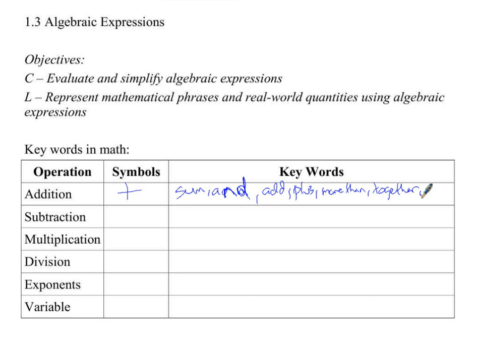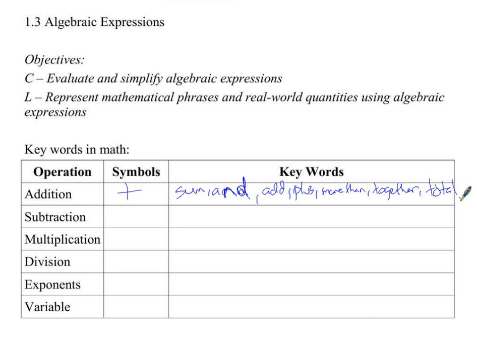There is one more. Starts with a T. If I got a huge list of stuff and I add it all up, I find a what? Total. It's an easy one to forget, but it does mean add. All right, that's probably good enough for addition.